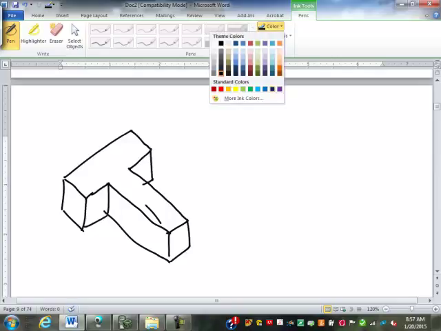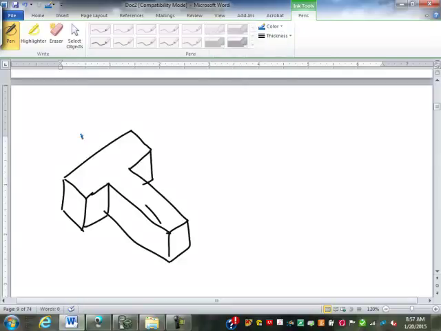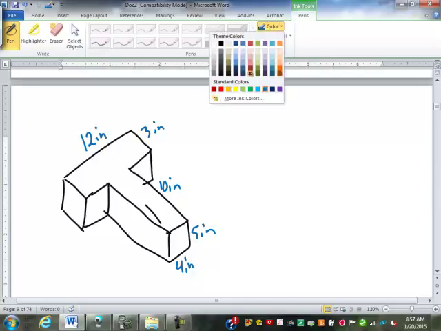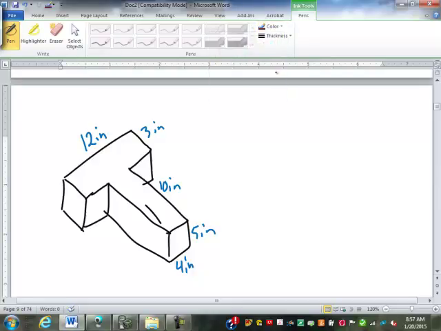Let's label this as 12 inches across here. We'll go 3 inches, 4 inches, 10 inches, and we'll say that this is 5 inches thick. What we need to do is figure out what shape this is based off of.